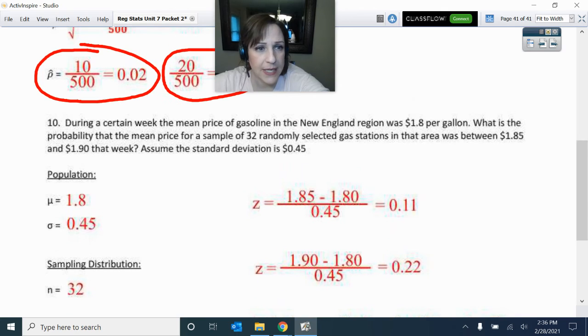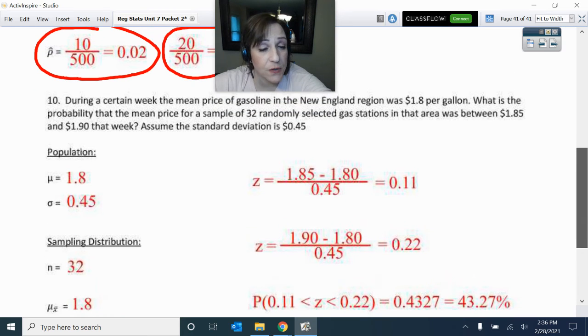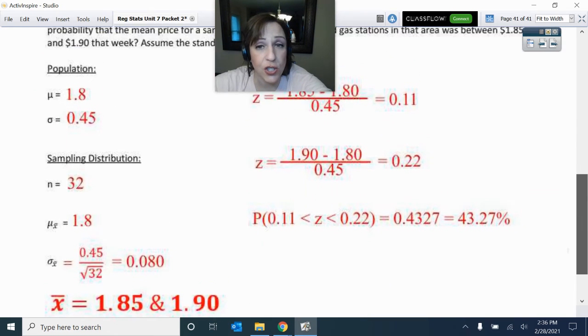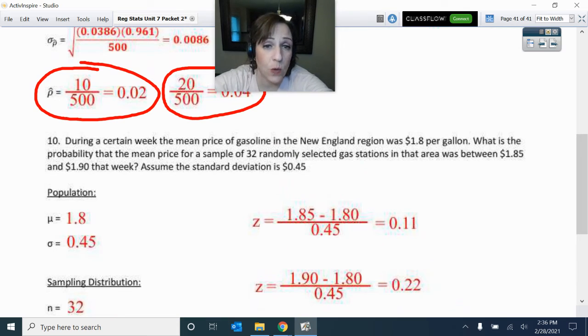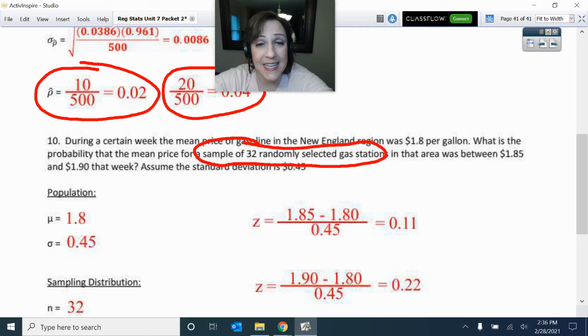And this last one, we had the average price of gasoline, but we were also asking about two different amounts. It was asking about a sample of 32 gas stations, not a single gas station, because I don't think we were told that the population was normally distributed. So we do not have the right to give probabilities for one single gas station.